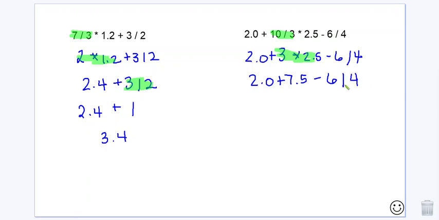And then when I look at 6 divided by 4, those are integers, which means I can only put down the integer portion of the answer. And then 2.0 plus 7.5 is 9.5. And then we get 8.5 when we subtract.